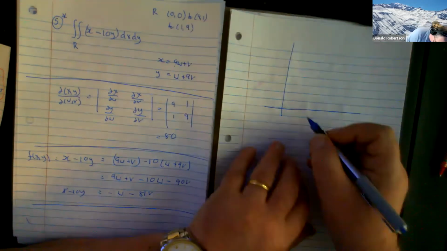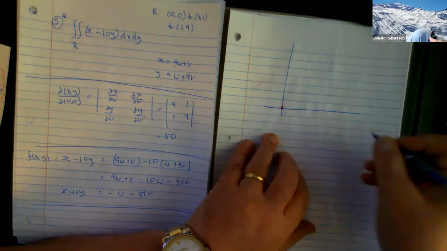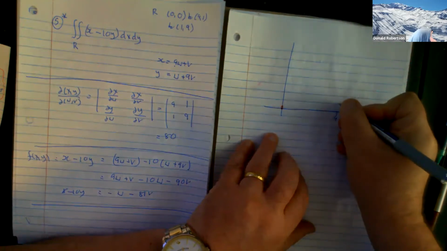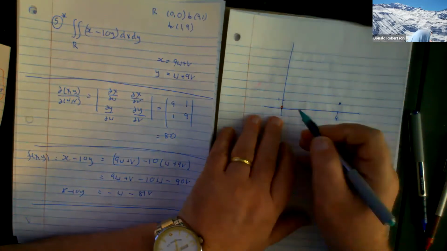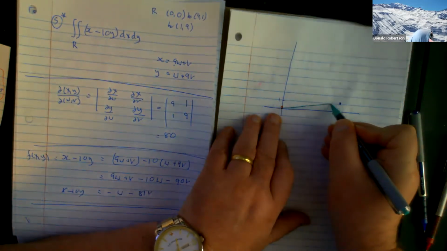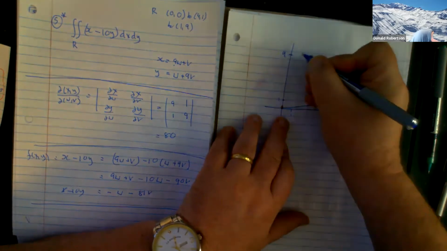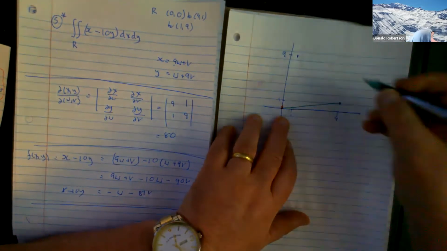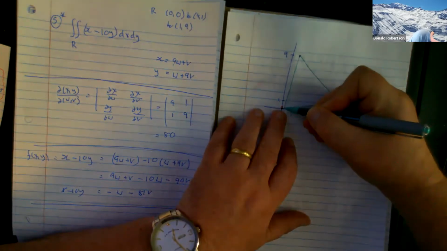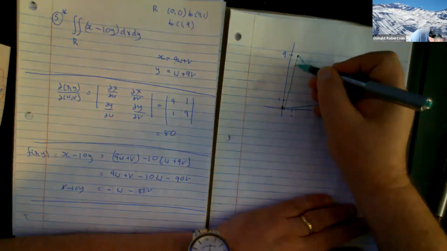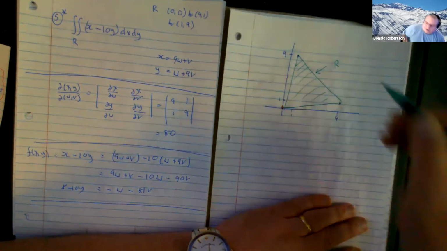You start at the origin, imagine that's 9, 1, all the way to here. And then you go to 1, 9, pretend that's 1, 9. You go all the way up here, and then all the way over here. And that's region R, right?